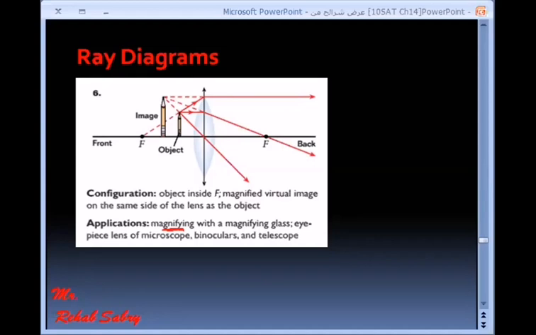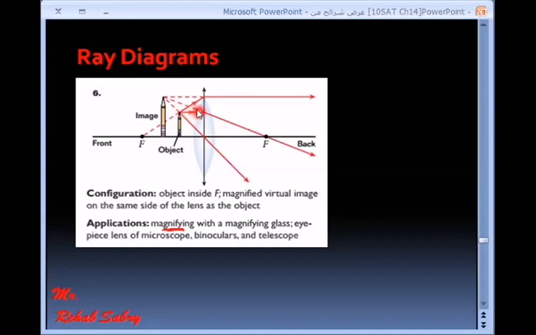Here, this is the object. It's inside F. Sorry, this is the object, inside F. The three rays here will be difficult to sketch, so we will sketch two.